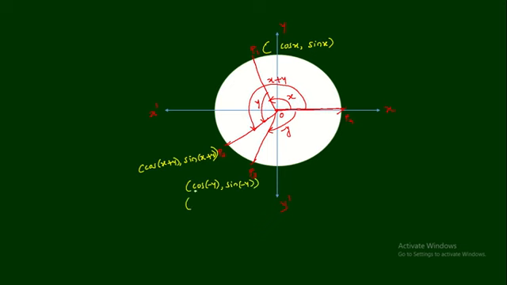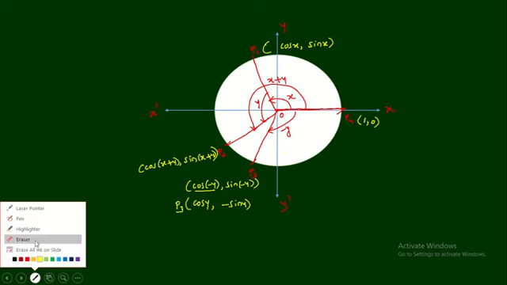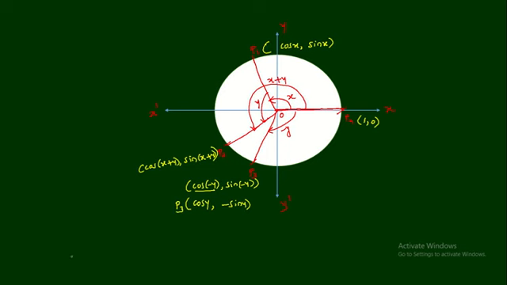So with the help of trigonometric results, cos of minus y is cos y and sin of minus y is minus sin y. The coordinates of P3 are finally cos y comma minus sin y, and then P4 the coordinates are 1 comma 0. So once again you note down the points P1, P2, P3, P4 and the angles from the initial side to P1, P2, P3 and P4, and then the coordinates of P1, P2, P3, P4, everything you note down.